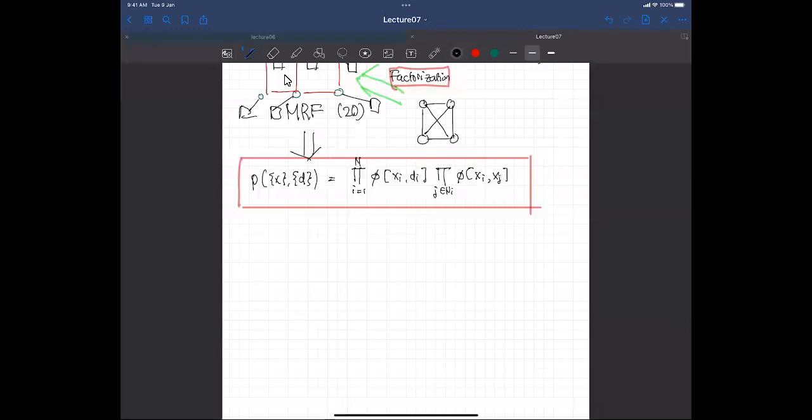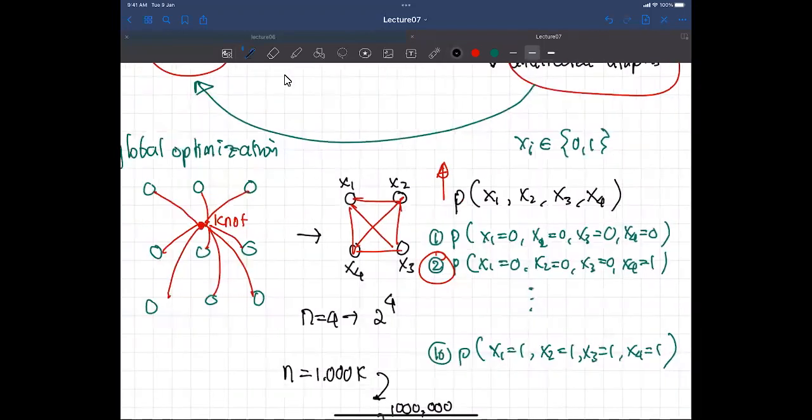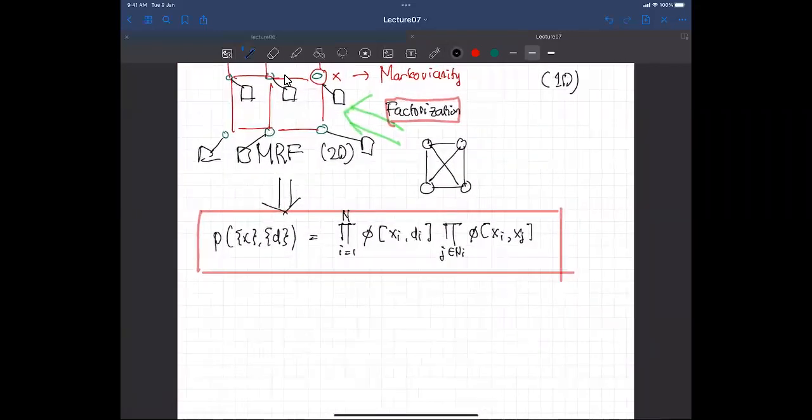Oh, by the way, if you know the probability P, how can you get X? Well, simply choose the highest one. As I mentioned in the previous explanation, choose the highest one, and then you get the value of X. For example, if number 2 is the highest, then you know the value of X. So probability answers two things: it gives you the value of X, but also the probability of this value. That's the beauty of this mathematics here.